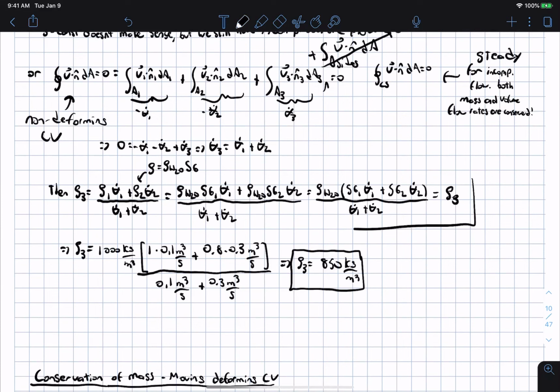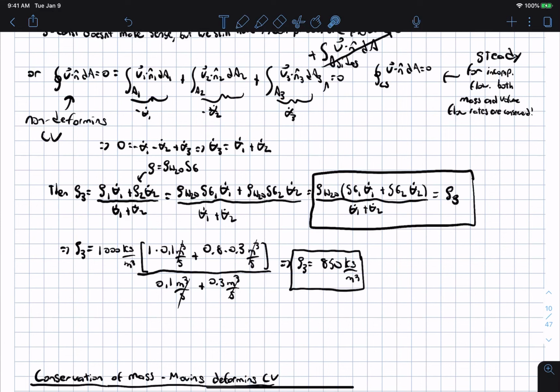And on most problems for your quizzes, I would ask you to stop here because there might not be enough time to stick in the numbers. But now we stick in the numbers. And again, show all unit cancellations and everything like that. But here they're quite easy because there are cubic meters per second here and cubic meters per second here, and they all cancel out, and we're only left with the units of density.